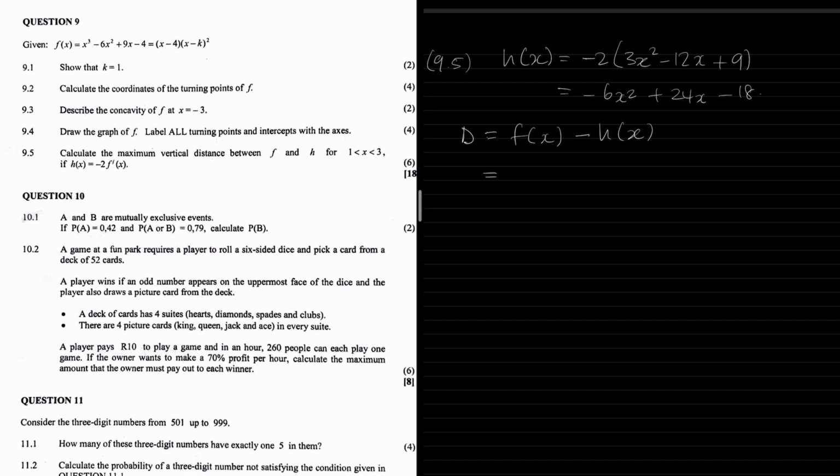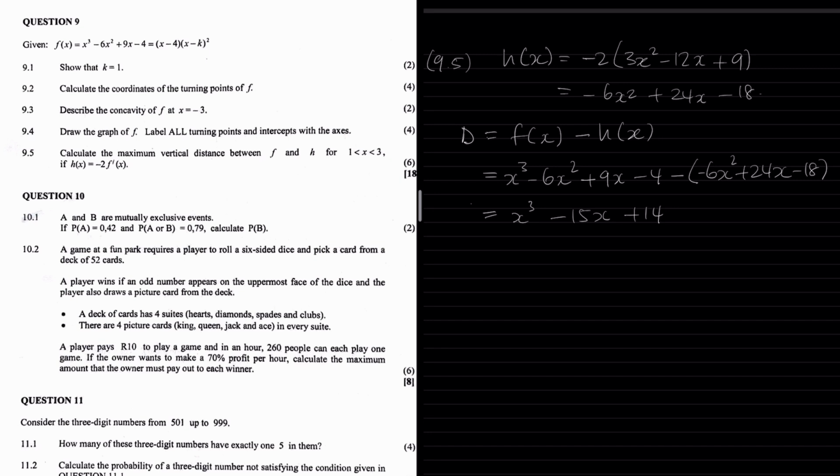So f of x is x cubed minus 6x squared plus 9x minus 4. And we are subtracting minus 6x squared plus 24x minus 18. We then open up the bracket and solve. We're going to get x cubed minus 15x plus 14.